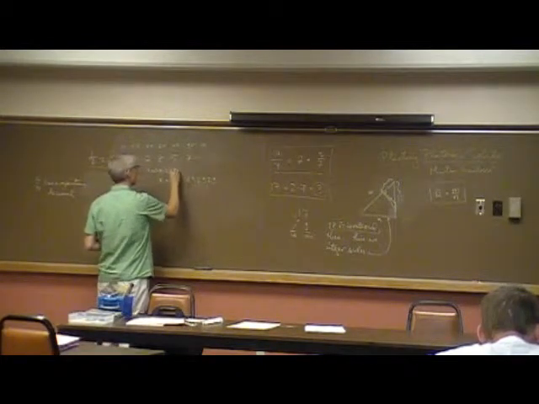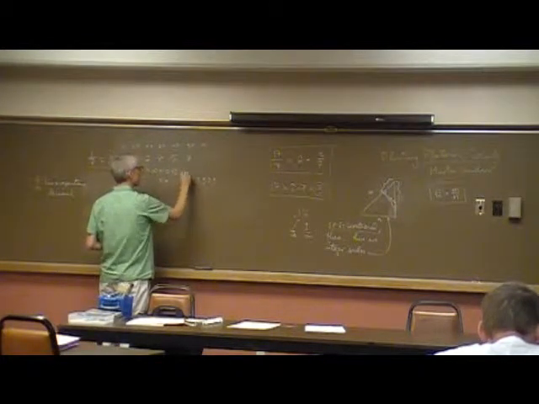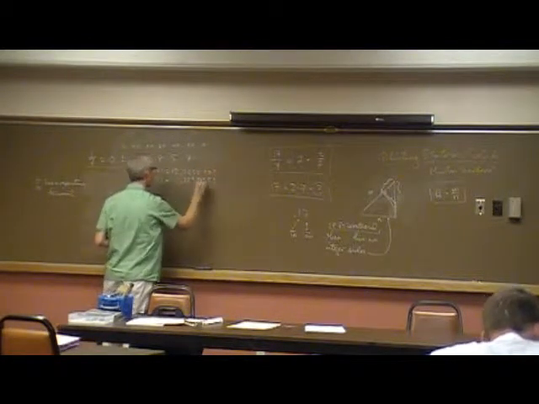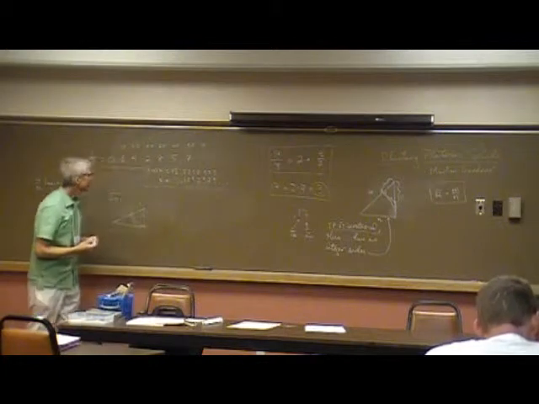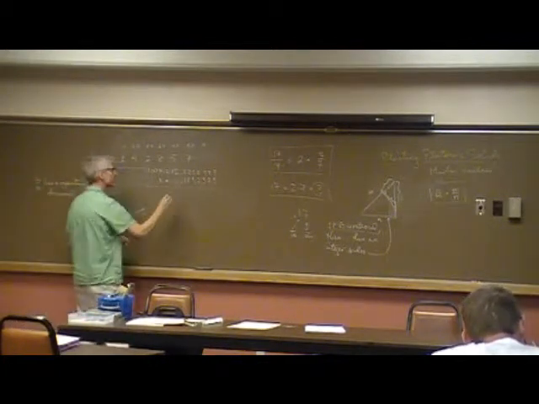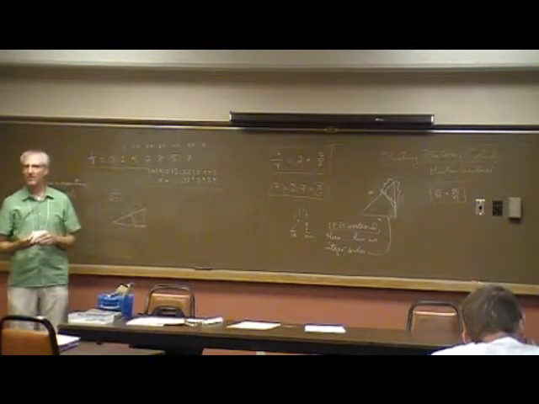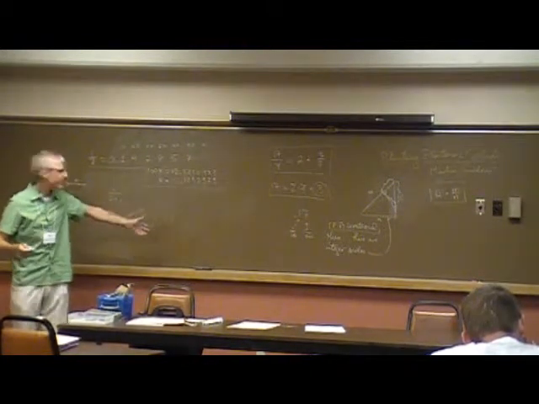And what do I get? 12.3232323. And notice what happens. If I subtract, everything cancels out after here.